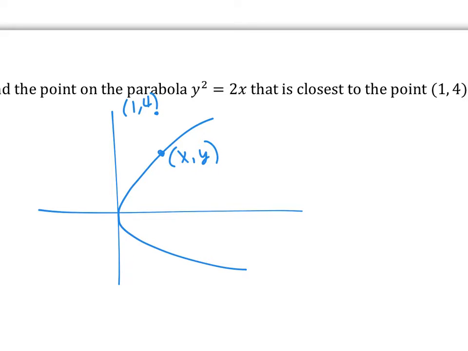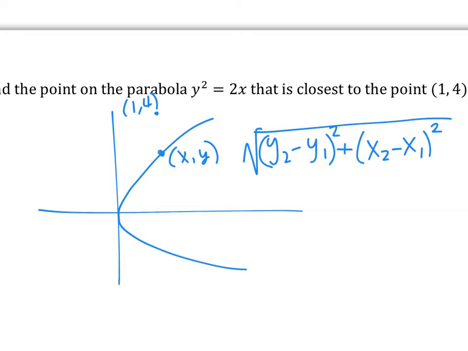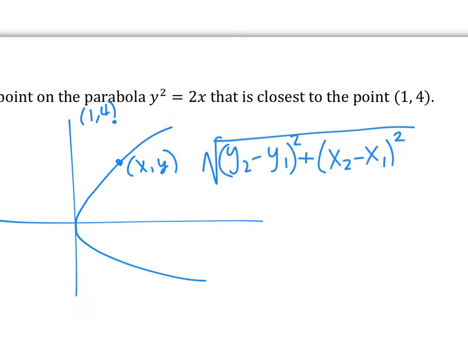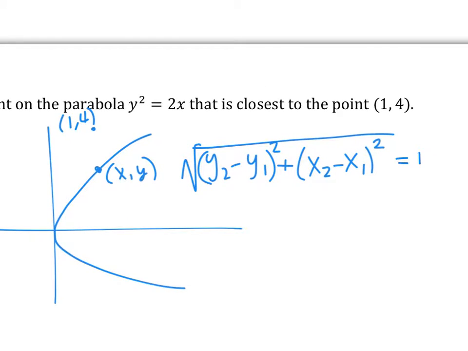How do you find the distance between 2 points? y2 minus y1, squared, plus x2 minus x1, squared, and then the whole thing is to the 1/2. So this is the distance formula. To find the distance between 2 points, we use the distance formula.